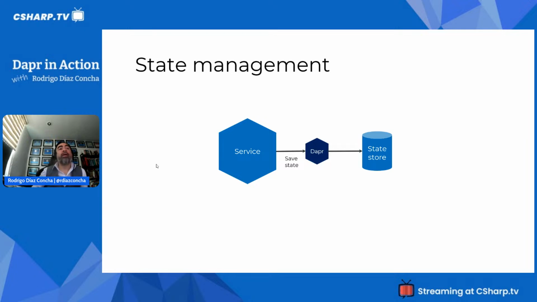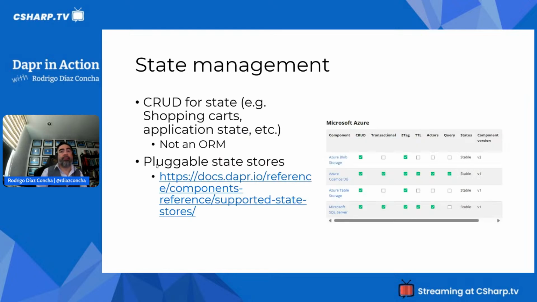So again, you use the Dapr sidecar and you save the state and you somehow use it for your purposes. And nowadays we have a lot of different components for state management. You can see in this particular screenshot, I'm displaying the ones related to Microsoft Azure, right?